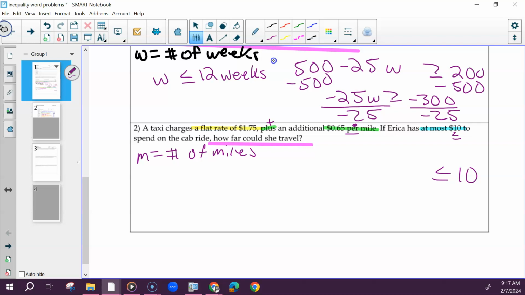How could we put the rest of this into an inequality? If you switch these two, that's fine, as long as M still goes with 0.65.